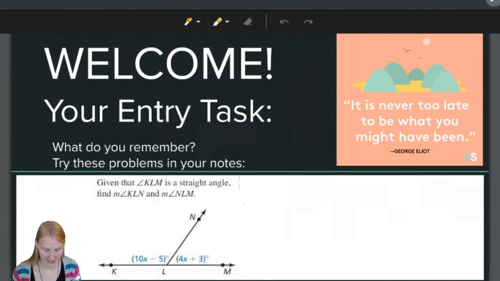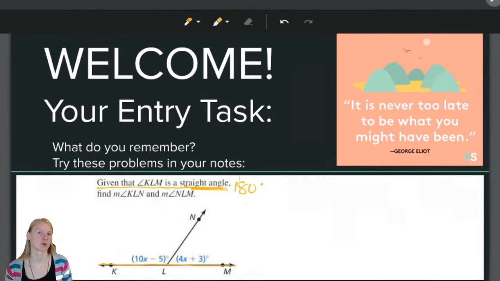Okay, we are given that angle KLM is a straight angle. What did it mean to be a straight angle? Oh yeah, it meant that it was exactly 180 degrees.